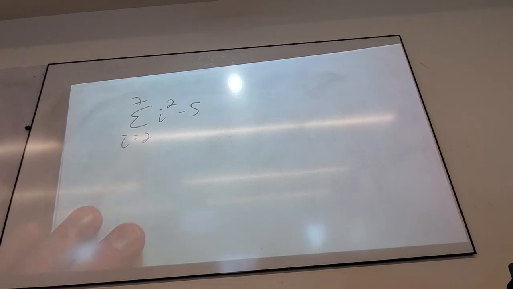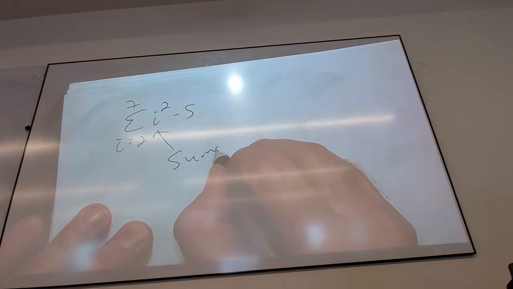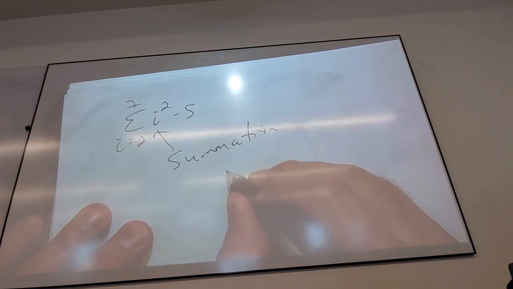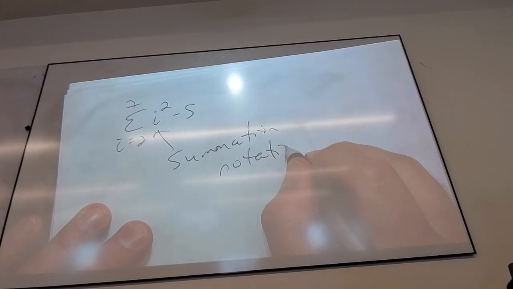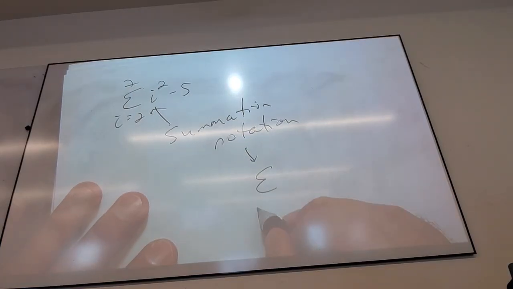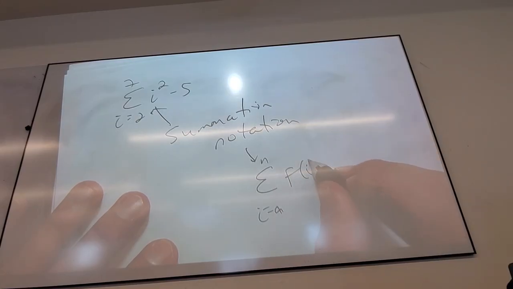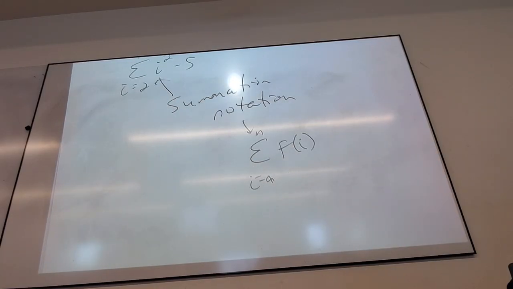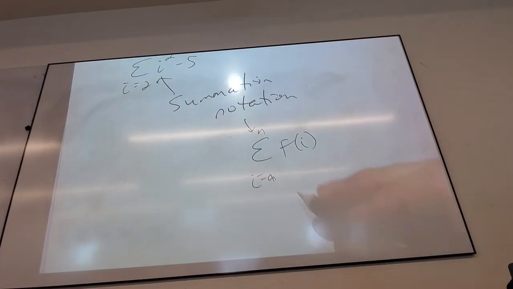So this is officially called a summation symbol. This is summation notation. The sum from I equals 1 to n, or let's say a to n, of f of I. Because the initial value can be anything.